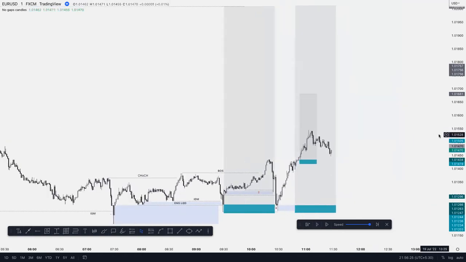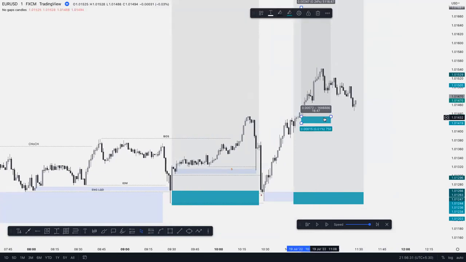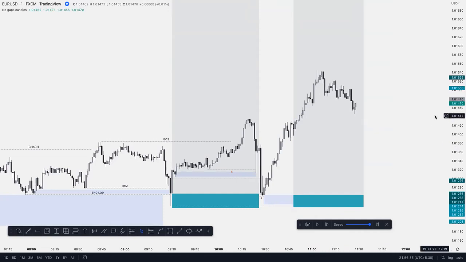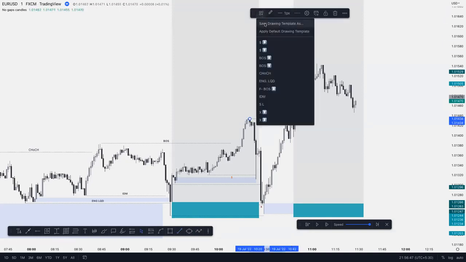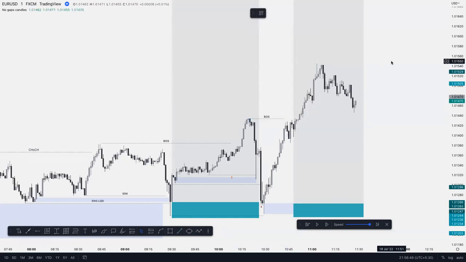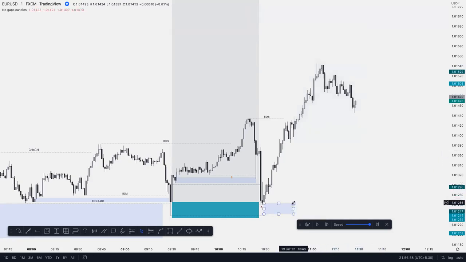Okay. All right. So now where we can buy? When we can buy here? Because market break the structure is here finally. Okay, after break this structure, which level we can buy. Let me delete this one because this is no longer valid.